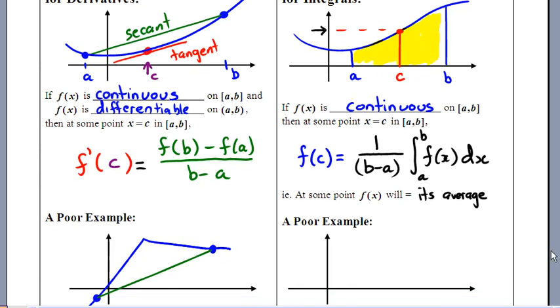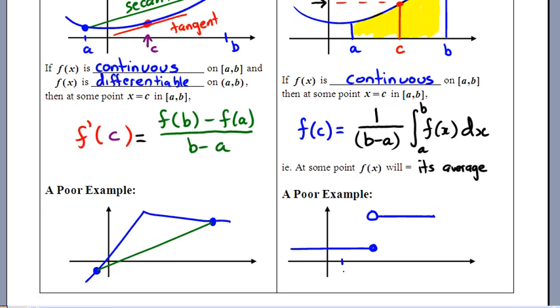So here is a poor example, because the mean value theorem just doesn't apply. What if your graph is steady at some low value and then it decides, whoop, I'm going to jump up now to this value? It just does a little step up into the air. I might start my story here and finish my story there, and the mean value theorem just doesn't apply.